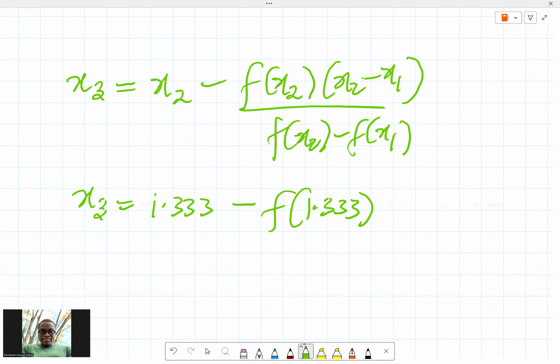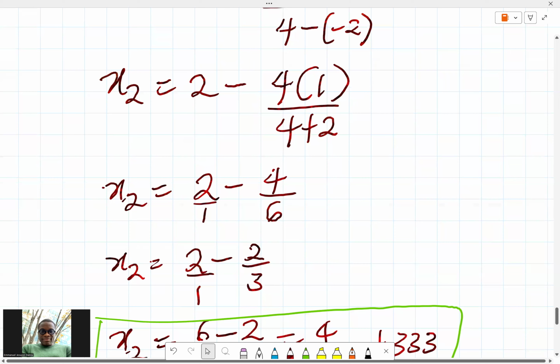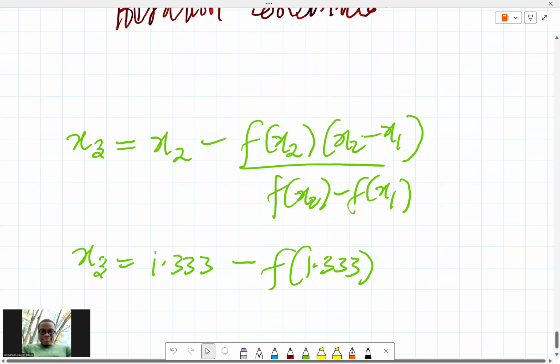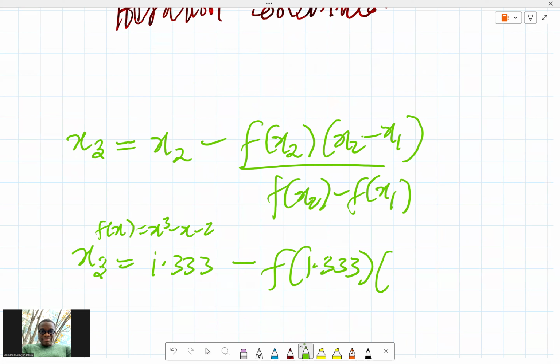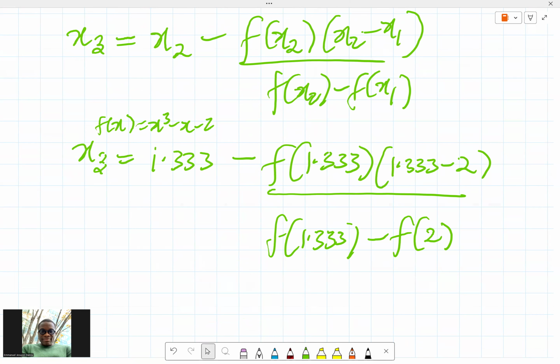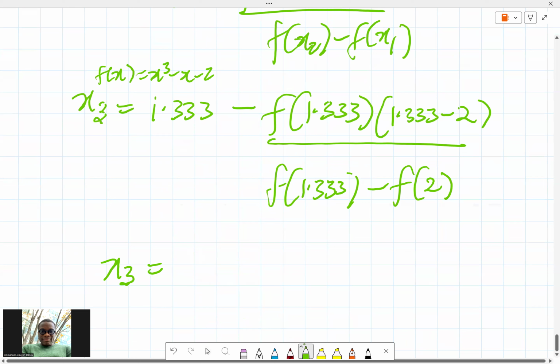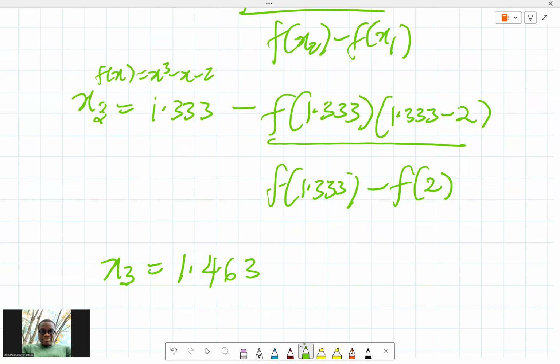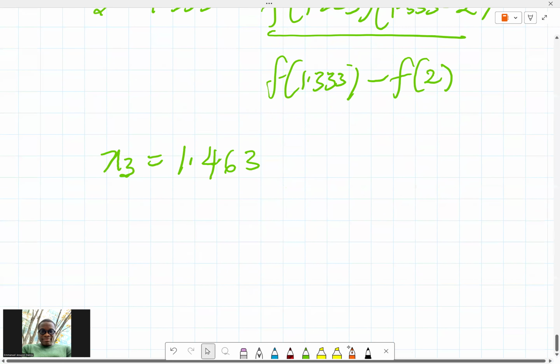That means substitute 1.333 into the function f of x equals x cubed minus x minus 2, then into 1.333 minus x1, that's 2, all over f of 1.333 minus f of 2. If we do that, our x3 is going to be 1.463. And that is another result.